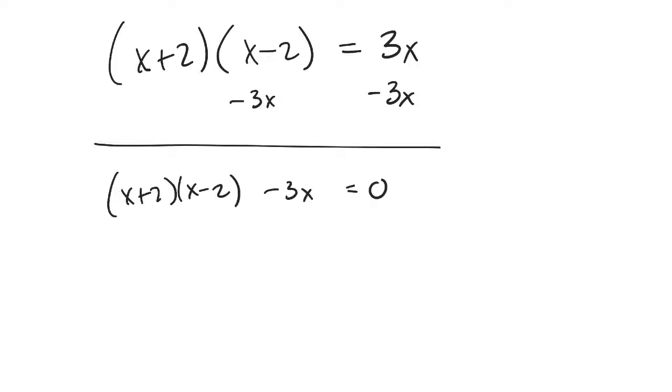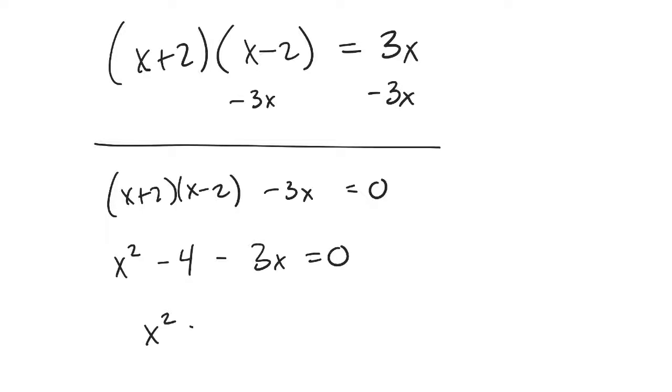These are factors of each other, sure, but they're not factors for the entire equation because these are different terms. I talk about this a lot. Whenever there's a plus or a minus sign, you have terms on each side. These are terms. We can't solve this because they're terms. So I need to multiply this out. It happens to be difference of squares. It's very nice. We get x squared plus 2x minus 2x. Those cancel. And then minus 4 minus 3x.